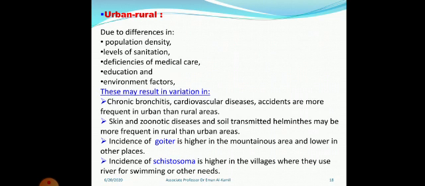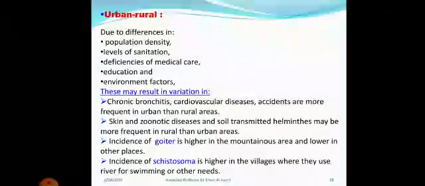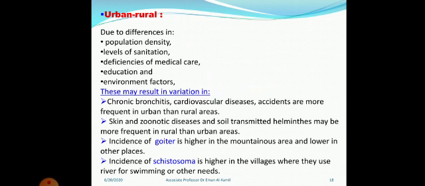For example, in urban areas they have different industries, so they may have pollution, or high population density. The level of sanitation is better in urban areas than rural areas. There are also deficiencies of medical care, with variation in the level of medical care in urban or rural areas, and differences in educational level or environmental factors.